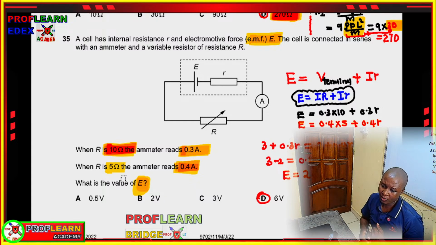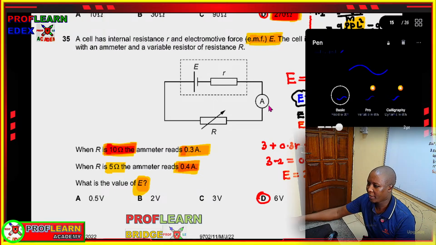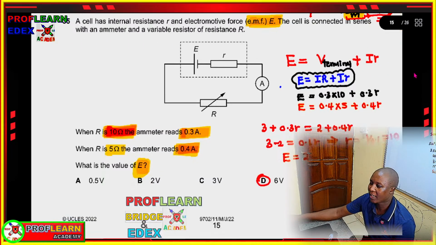In order to work out the value of E, we are going to form two simultaneous equations for E. Something we need to remember is that the electromotive force E is equal to the terminal voltage plus the potential drop due to the internal resistance.